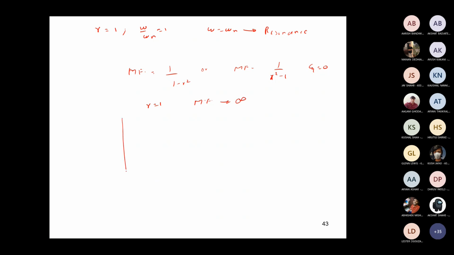If I plot a graph of magnification factor on the y-axis and frequency ratio on the x-axis, at r equal to 1, the magnification factor goes to infinity.